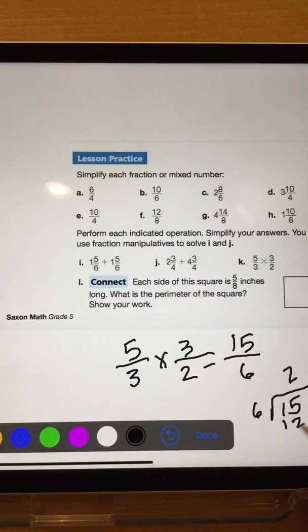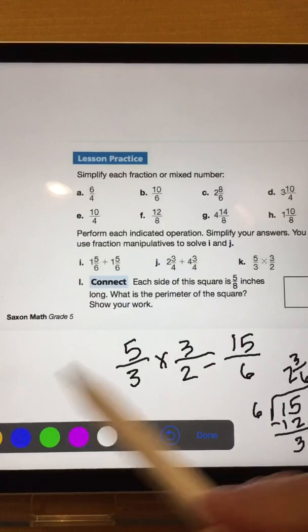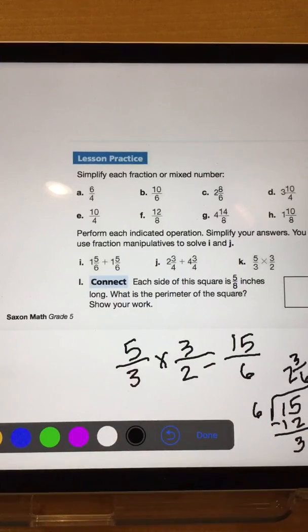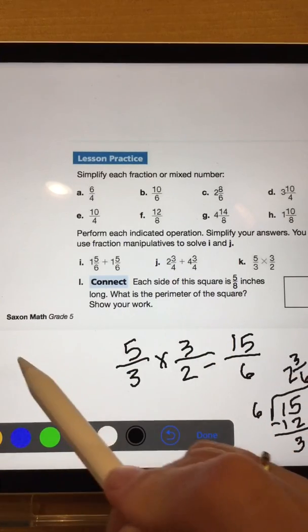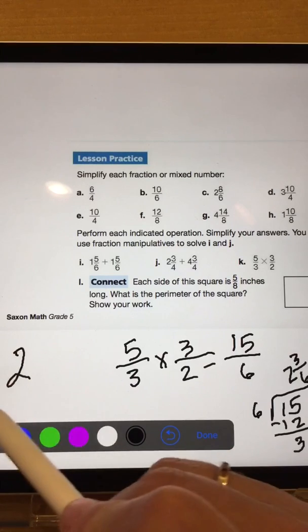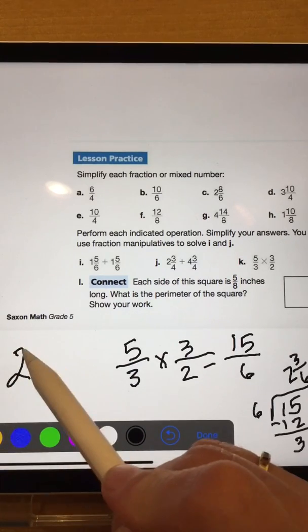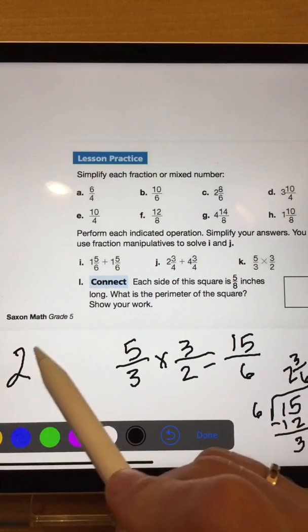Then 2 times 6 is 12. I subtract, I get a 3. 3 becomes my numerator, 6 becomes my denominator. So 2 3/6. I know that 3 is half of 6, so my answer for K is 2 1/2.